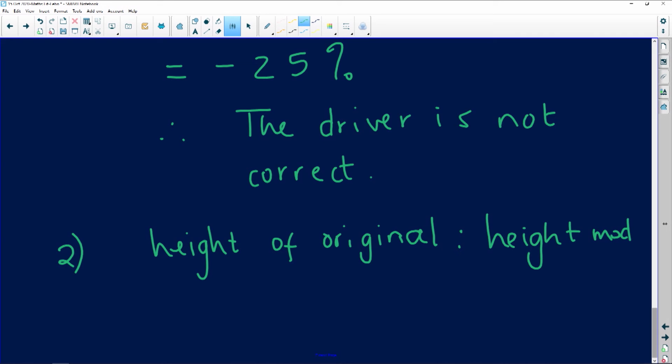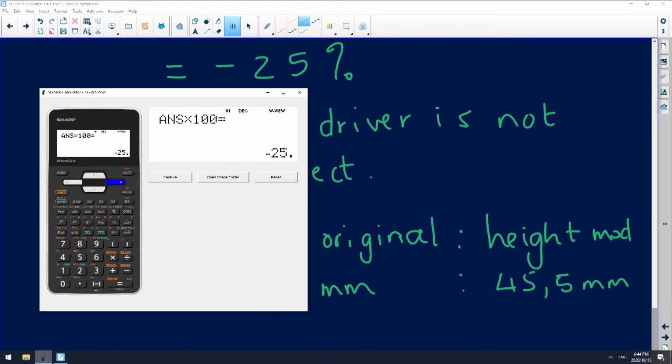Okay, height of the original is 150 millimeters, and the height of the model is 45.5 millimeters. And I also like saying to you guys, if you want to check it out, go to your calculator.